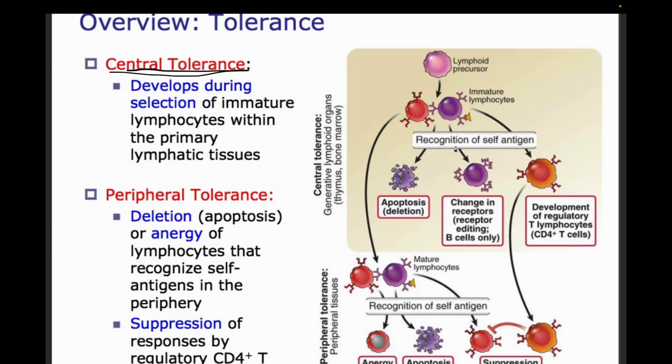The positive selection makes it survive and it doesn't die. أما بالنسبة للنيجاتيف selection، it includes self-reactive T cells; they either undergo deletion اللي هو apoptosis, or if it was a B cell, it's given a chance to change its receptor, receptor editing. أو if it recognizes the self-antigen, it may develop into regulatory T lymphocytes اللي هي CD4 cells, يعني branch of the CD4 cells. هسه this central tolerance is not 100% accurate.